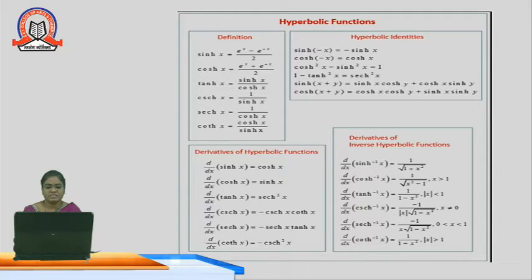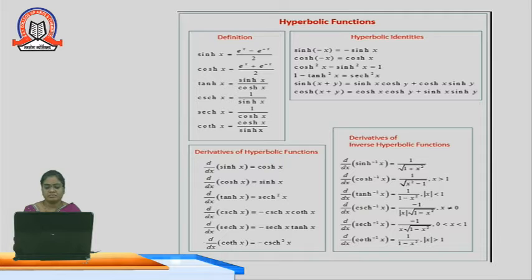Under differentiation, we have seen the derivatives already, and the derivative of the inverse of hyperbolic functions is given here. Derivative of sinh inverse of x is 1 upon root of 1 plus x square. Cosh inverse of x is 1 by root of x square minus 1.